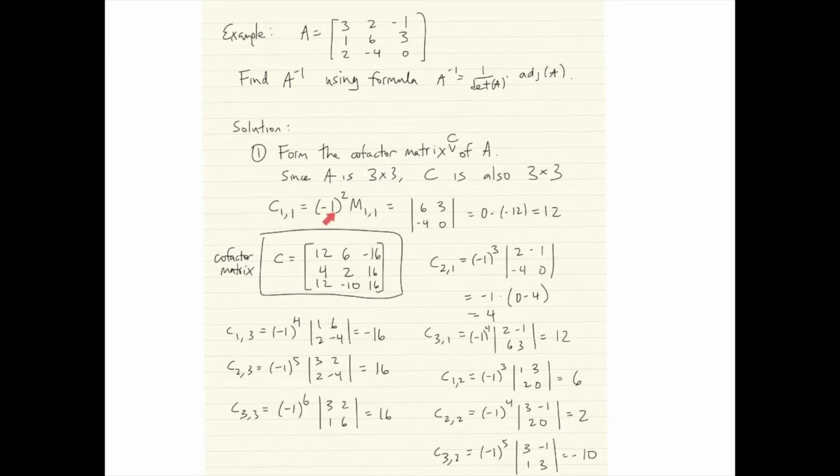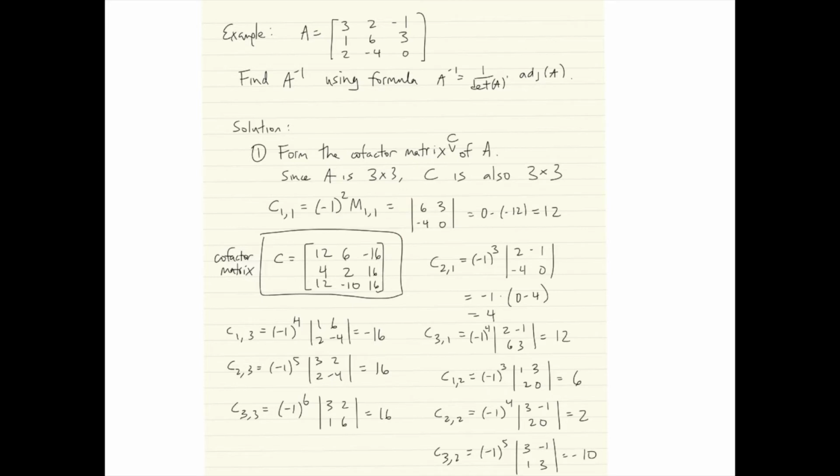It's -1 to the 2, because 2 is 1 plus 1, times the determinant of the 1,1 minor. That's where we remove row 1 and column 1, and we get this matrix remaining, 6, 3, -4, 0.